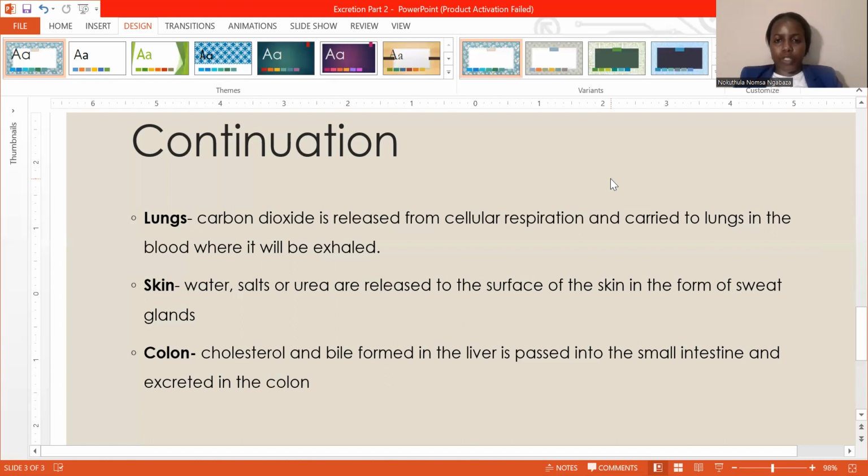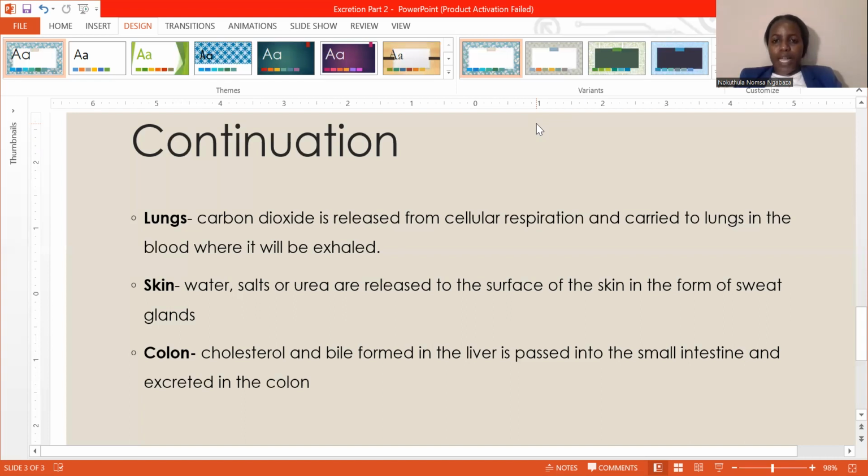So this is where our lesson will end today, and it is very important for you to remember how many organs we have that are responsible for excretion, and you also have to know how to explain in detail how they excrete those particular products, and also where they excrete them to, and you also have to know what type of nitrogenous waste is produced by each and every organ that you're going to come across.